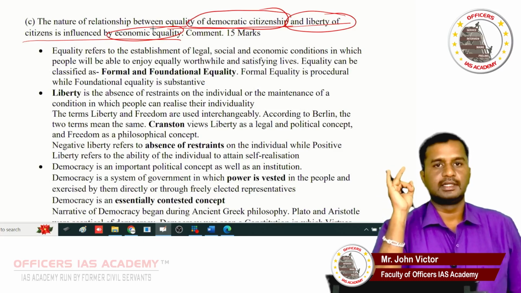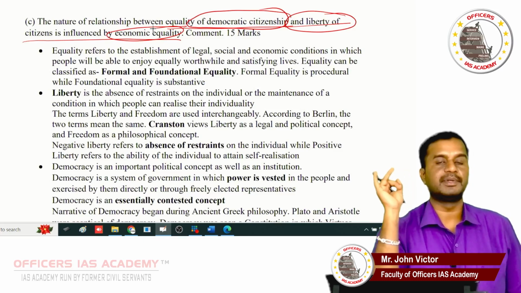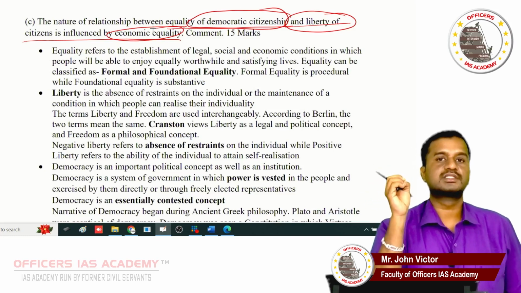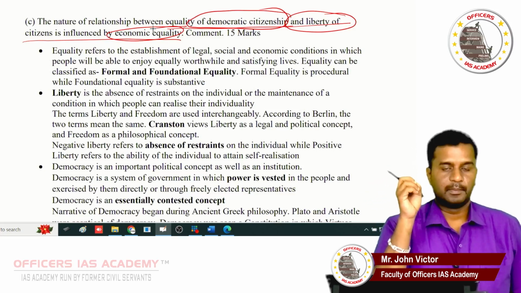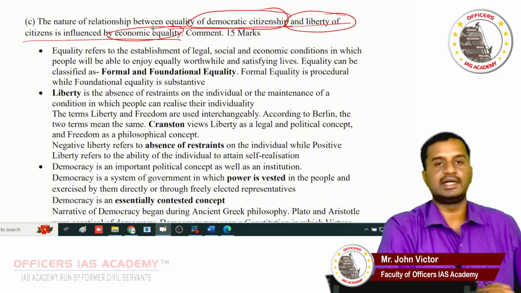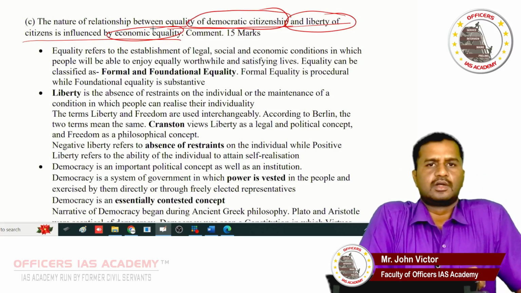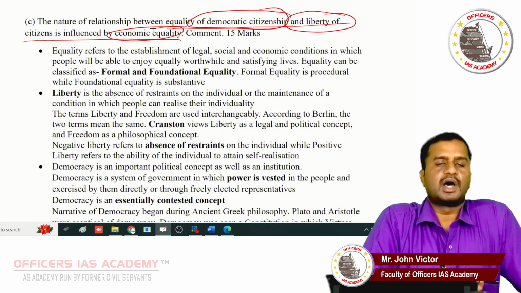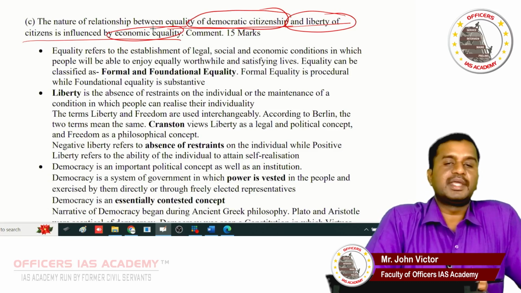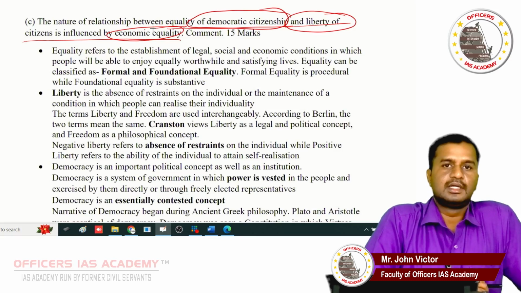Liberty and equality can be seen as complementary principles as well as contradictory principles. Marxists, multiculturalists, and socialists view liberty and equality as complementary principles. For Marxists and socialists, equality is based on economic equality as well as political equality.